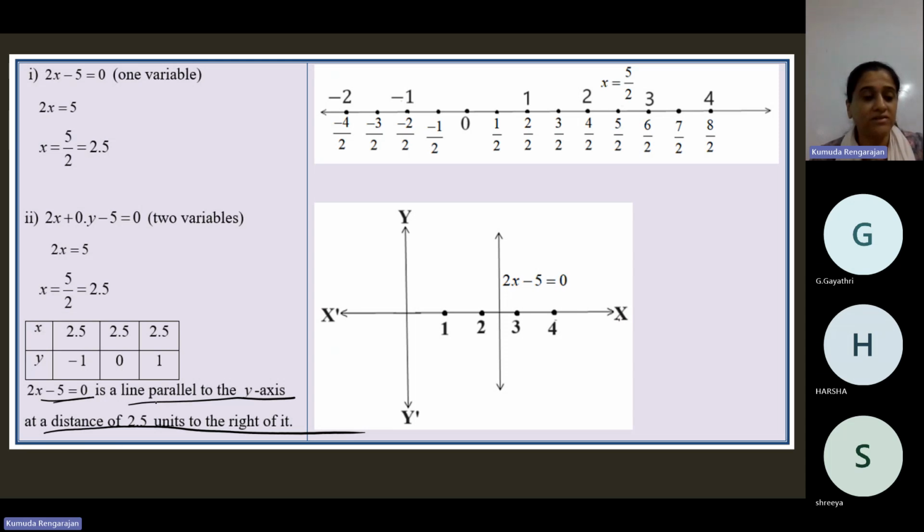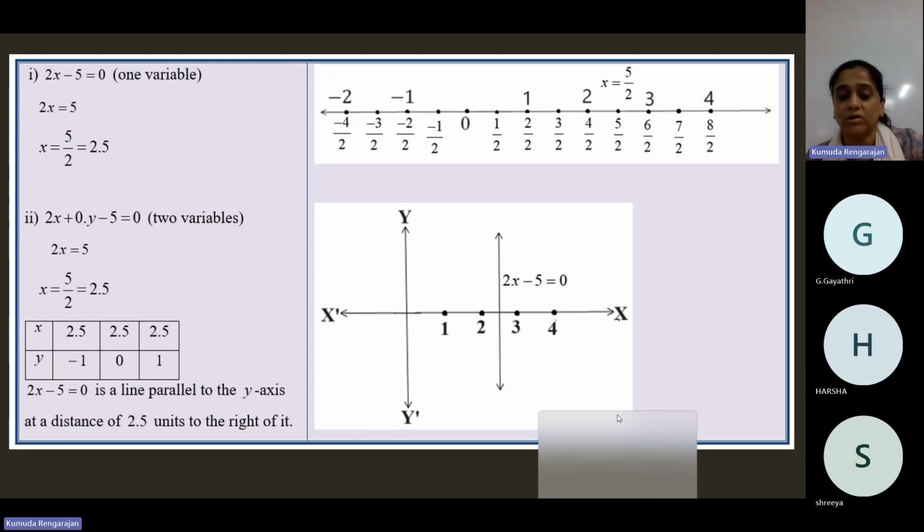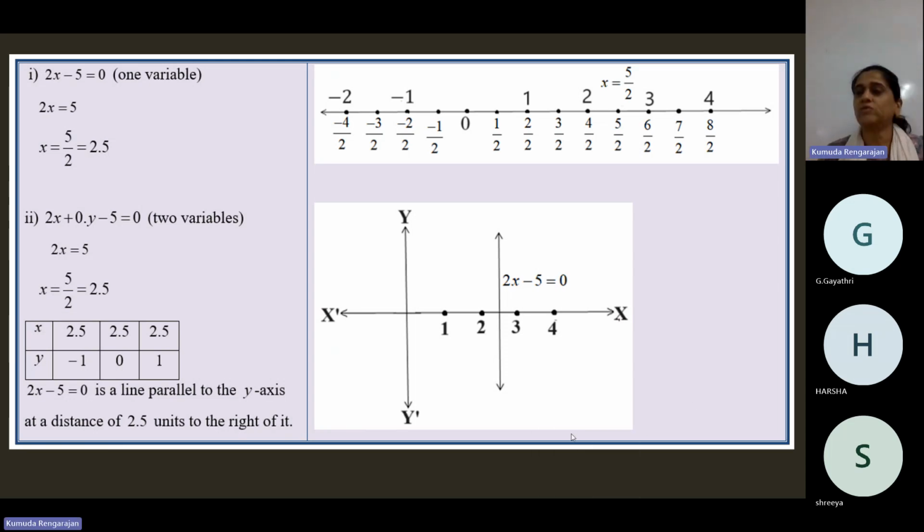So sometimes they'll explain the nature of the line, and with that explanation you should construct the equation. The nature of the line will be explained to you. The position of the line will be described. With the description of the line, the position of the line, you should be able to write its equation.